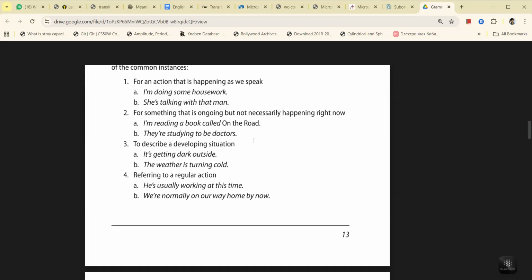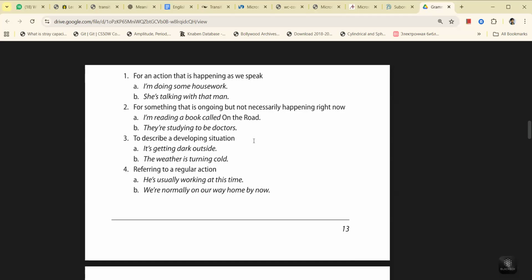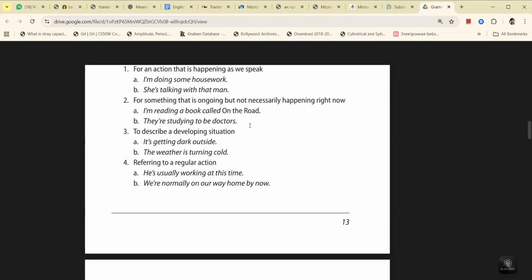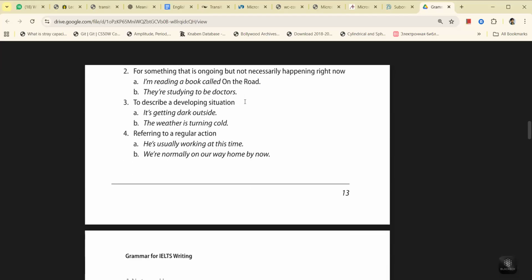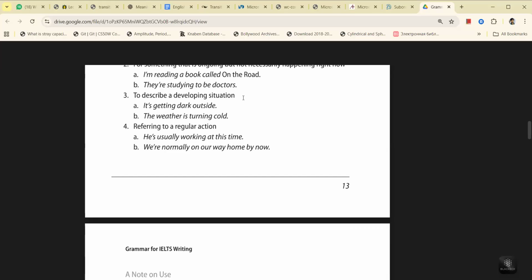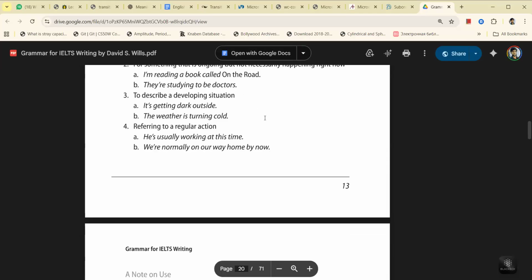For something that is ongoing but is not necessarily happening right now, then you can use the present continuous tense: I'm reading a book called On the Road. They are studying to be doctors. To describe developing situations: it is getting dark outside. The weather is turning cold.